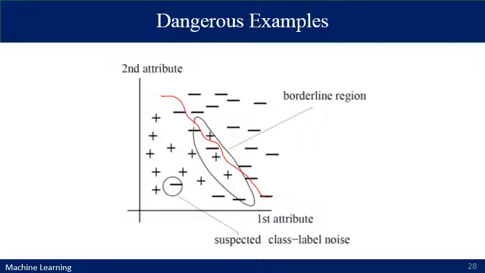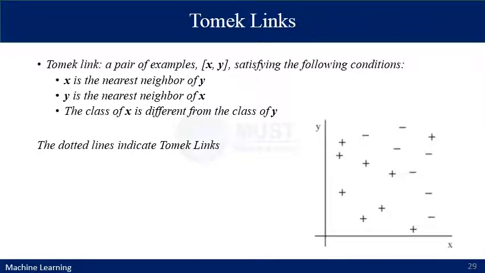Therefore, you can use different techniques to eliminate this kind of error. As you can see, there is a mixture here, where some positive examples are closely related to the negative examples. So one of the techniques to overcome this problem is to employ atomic links.